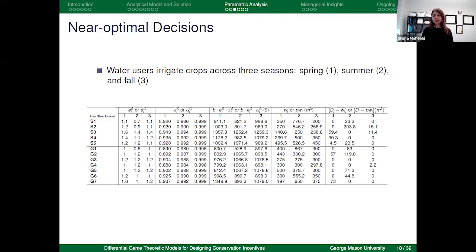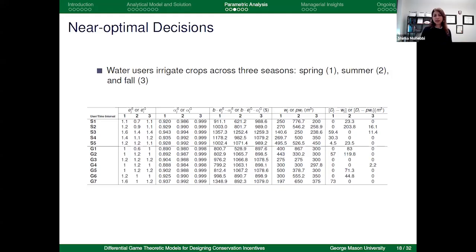In other words, the willingness of the water user alone does not guarantee their participation in the program. The NGO should really offer a reasonable conservation incentive. Another observation: in the fall season, the last column, only 3 water users accept the offered incentives.